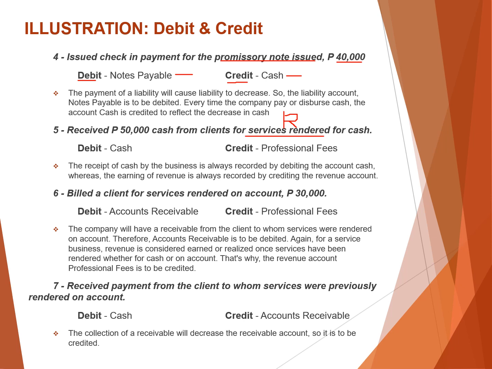Okay? Didn't we say that on accrual basis, once you render a service, you automatically earn revenue, regardless of whether you have been paid or not. Now, revenue has several account titles and one of them is professional fees. Professional fees was used here because this is a law firm.